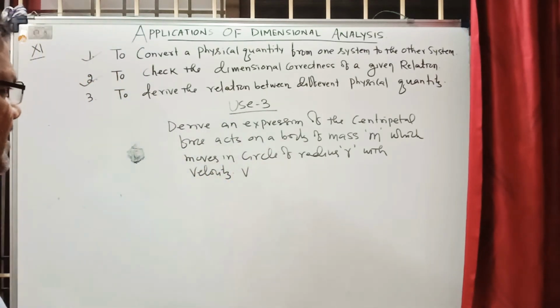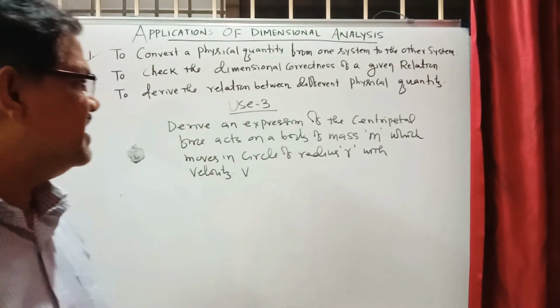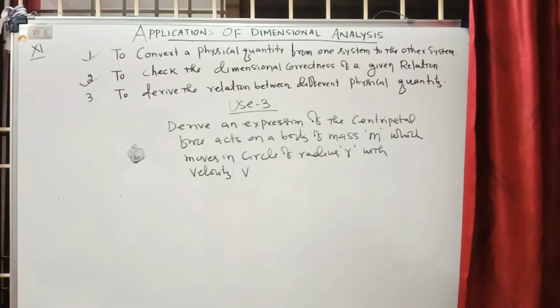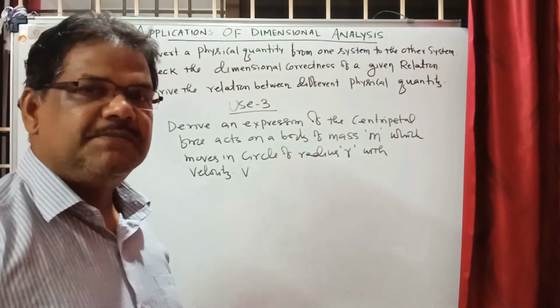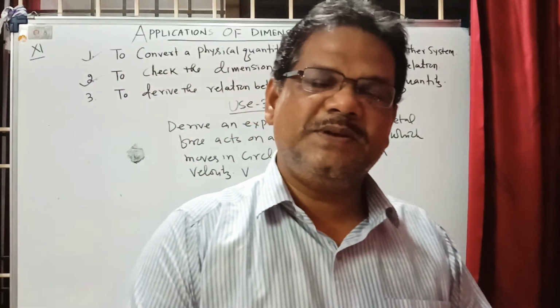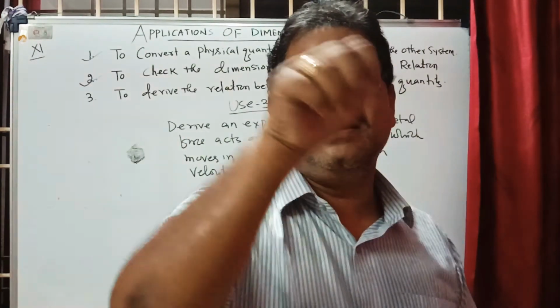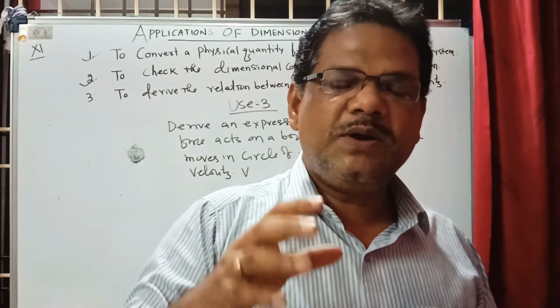The question is to find the expression of a centripetal force which acts on a body of mass m, which moves in a circle of radius r with velocity v. Suppose a stone is tied to a string and is rotating in a circular path. What will happen?